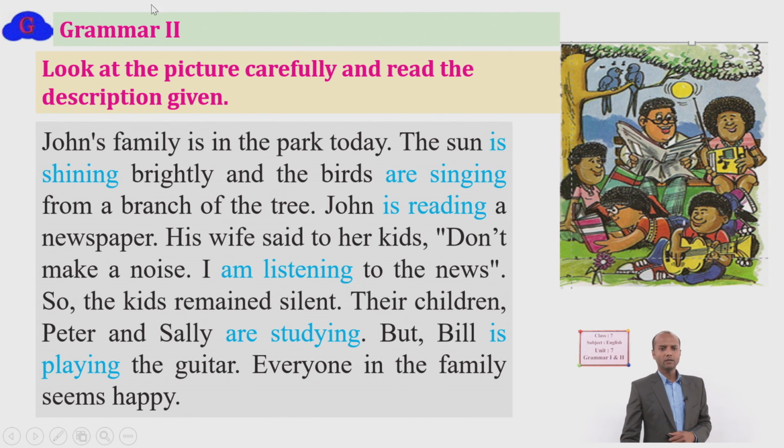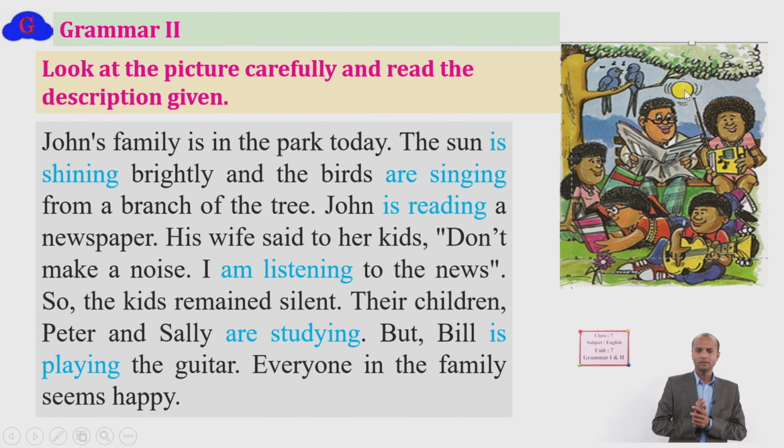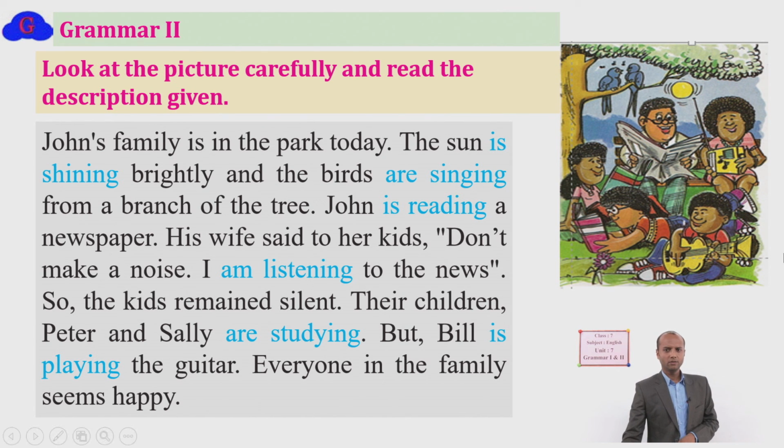So I have named this family as John's family. This man is John. So John's family is in the park today. The sun is shining. Look at here. So this round object is the sun, which is shining brightly, and look, there are birds.